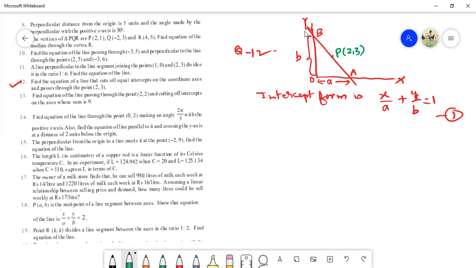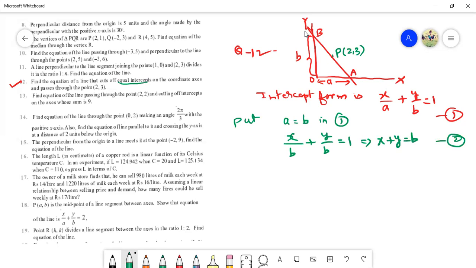Here it is given that the intercepts are equal, so therefore a is equal to b. Put a is equal to b in equation number 1, so x upon b plus y upon b is equal to 1, or we can write x plus y, LCM is b, is equal to b.